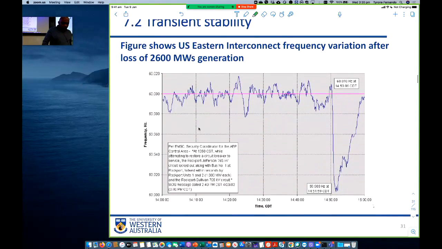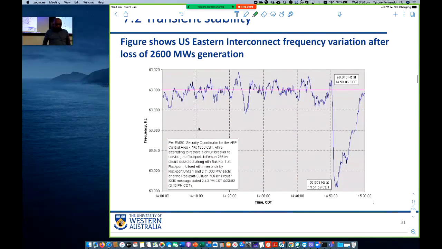The figure shows US Eastern interconnected frequency variation after loss of 2600 megawatts of generation. So not only can the loads change, but the generation can change as well. All of a sudden we might lose some generators. This is what has happened in the US after losing 2600 megawatts of generation.